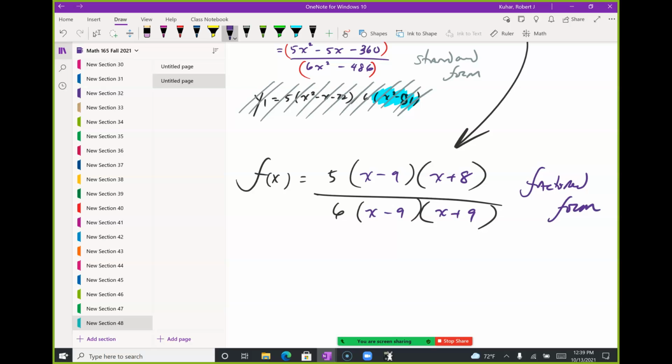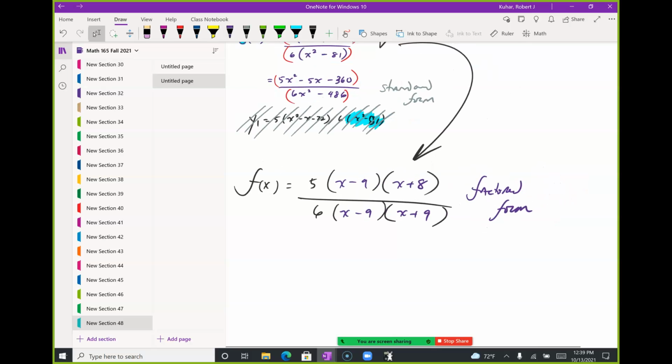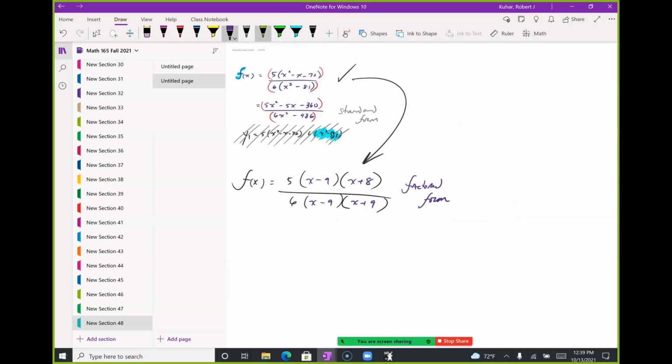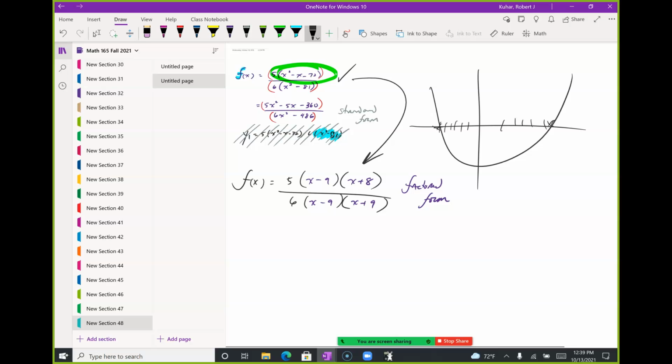I can't do that. I'm really slow at it. That's fine. You should have time. I'm giving you 5 questions in 85 minutes. If you're wondering about factoring something, you could graph it, and you would see it goes through negative 8 and positive 9, and you can do synthetic division to factor it.